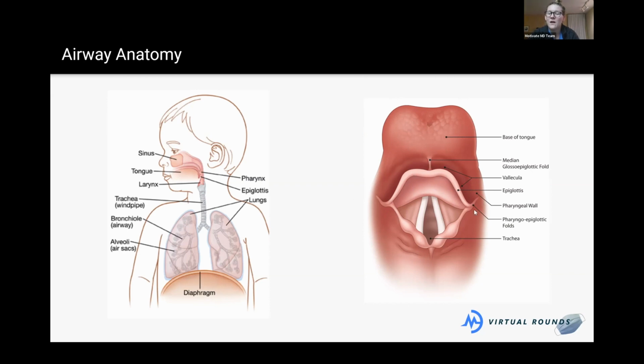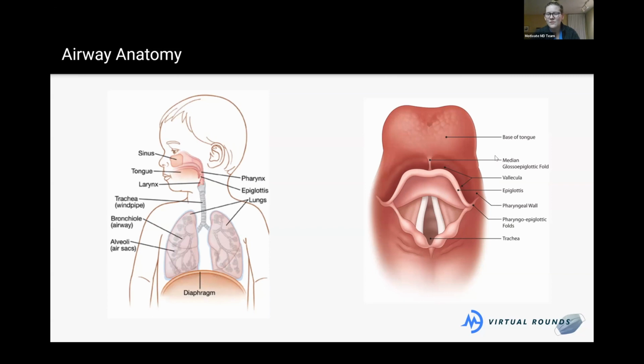That's the epiglottis, and it's very important because it helps protect your airway from fluids when you're eating and drinking, so that things don't go down into your lungs when they're supposed to go into your esophagus. In epiglottitis, this is the thing that would be inflamed or infected with bacteria. You can imagine that if it's really swollen and inflamed, it can obstruct your airway, which is why we're so concerned about epiglottitis.